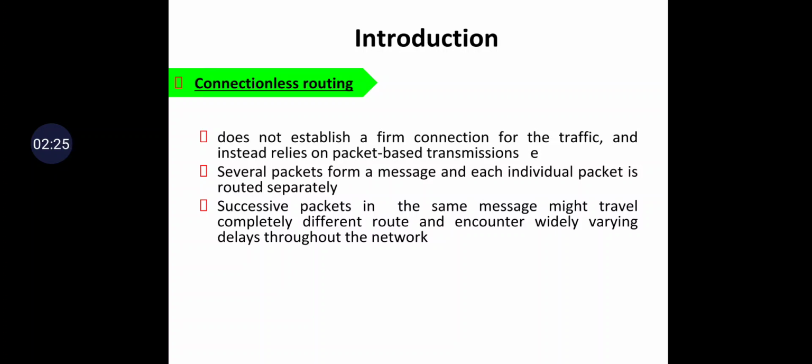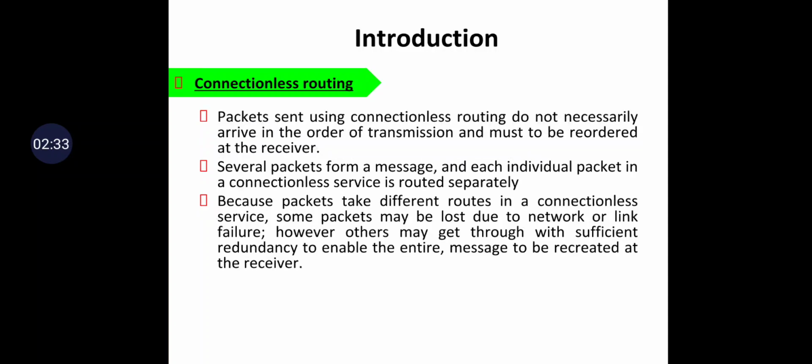Successive packets in the same message might travel completely different routes and encounter widely varying delays throughout the network. So the packets sent using connectionless routing do not arrive in the order of transmission and must be reordered at the receiver.